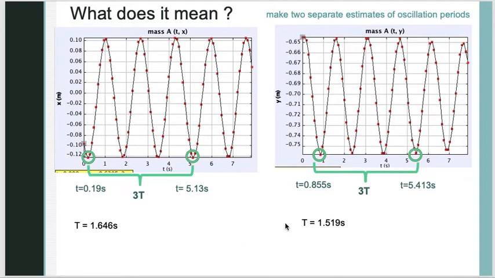They are very close to each other, which means that as the mass oscillates, the periods in the y and x components are very close to each other. So maybe in order to have a more accurate calculation of the period, I should add the two and find the average time period.